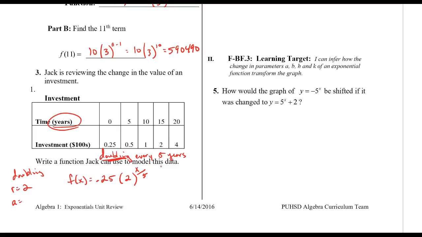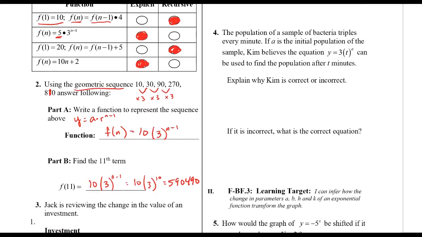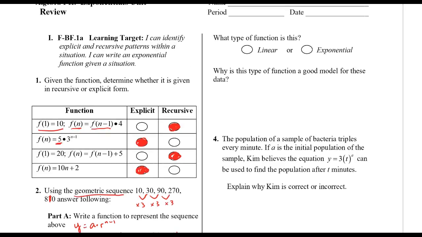Okay. So 3b, we move back up to the top of the other side. What type of function is this? Well, it's going to be exponential. We know what linear functions are. They're in the form of y equals mx plus b. Exponential are a times b to the x. Why is this type of function a good model for these data?